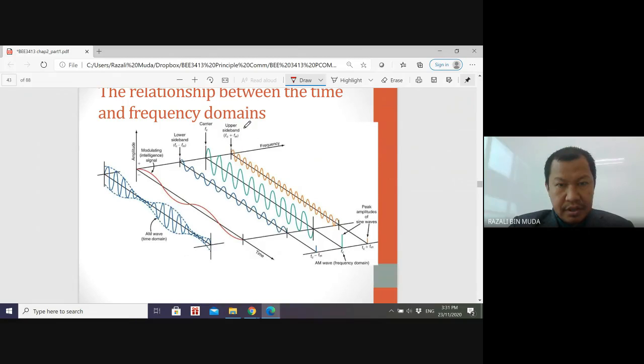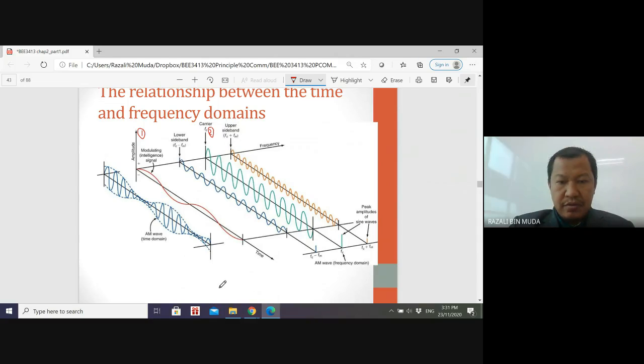First is the modulating signal. Second is the carrier signal. You can see that this modulating signal has low frequency, right? And this carrier signal has high frequency.